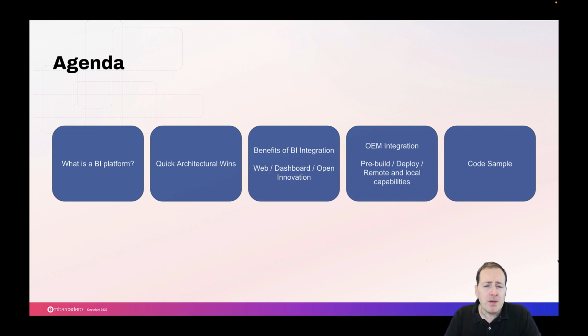So once we understand a bit about the architectural wins, I've touched a couple of bits very briefly there about the benefits of BI and having an integration with the platform, but there's some huge things that we're going to touch on, not just about data security and governance, but also the speed and the time that you can react with things and the way that you can engage and share those stories around data internally.